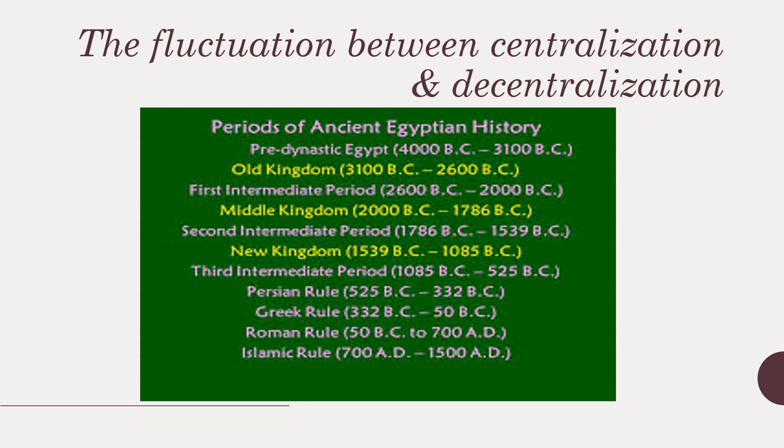In the Old, Middle, and New Kingdoms, power was firmly centralized under the control of the pharaoh and his government. In the intermediate periods, centralized power broke down, and there was decentralization, which means there's no real center of power, at least not one effectively centralizing the country or kingdom.